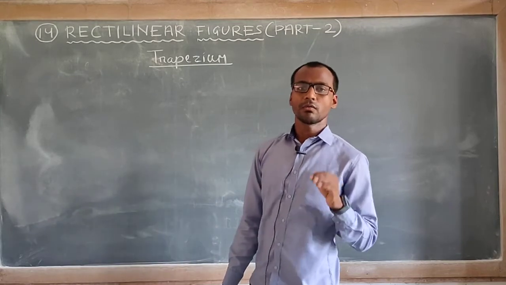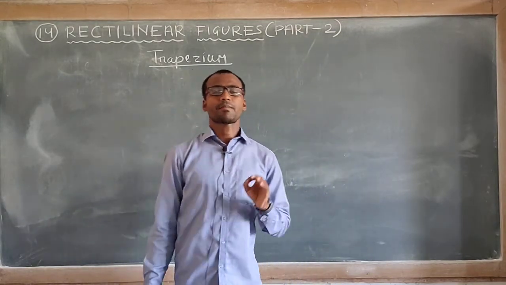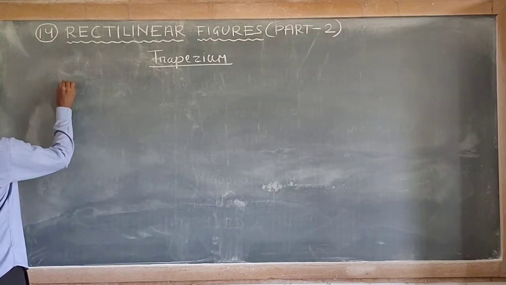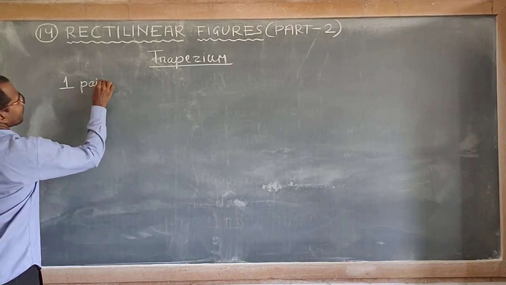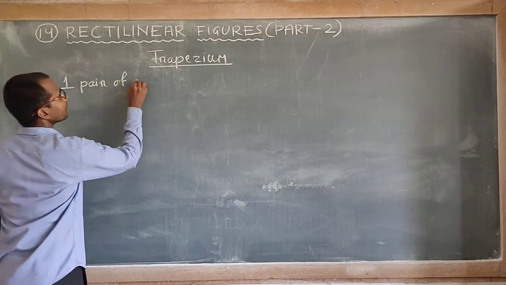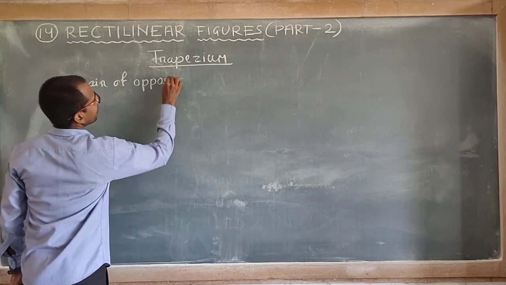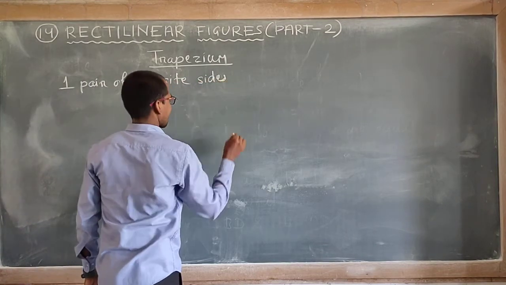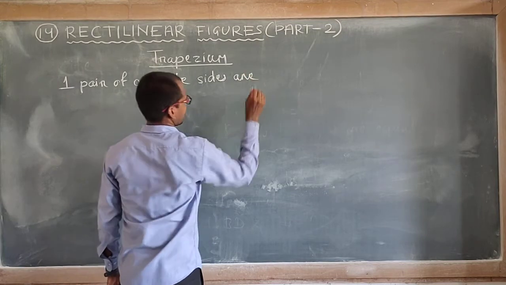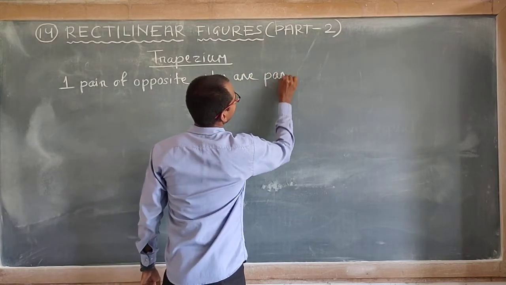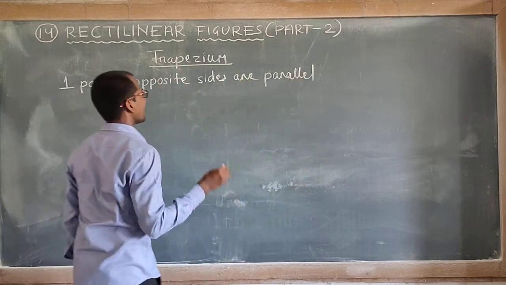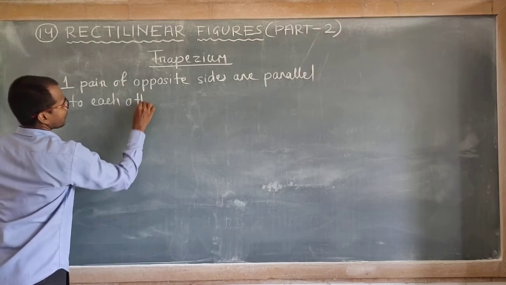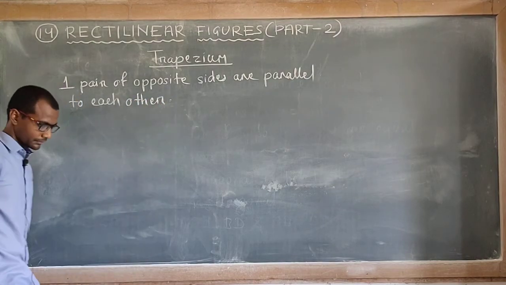It is a quadrilateral in which one pair of opposite sides are parallel to each other.